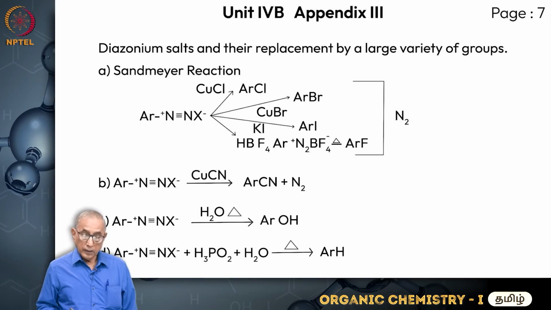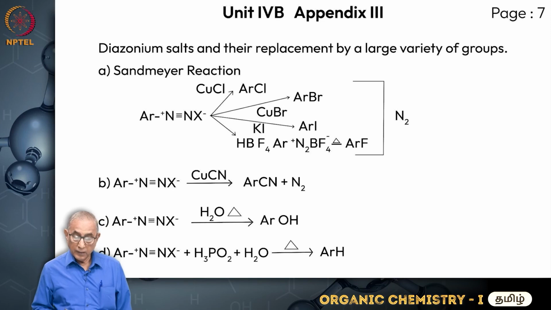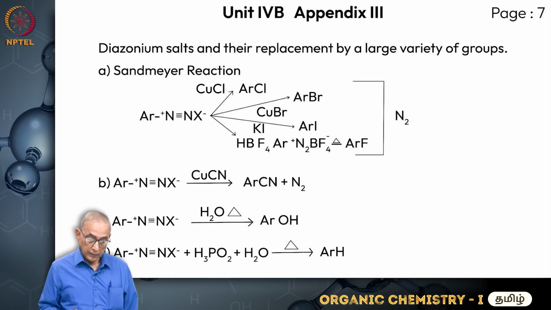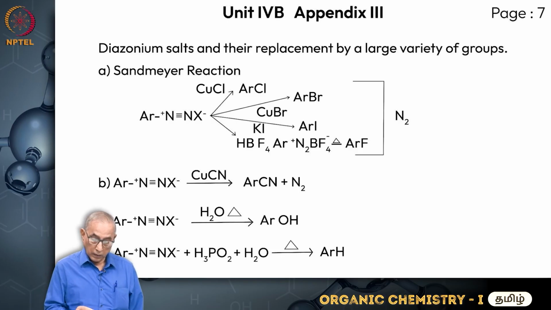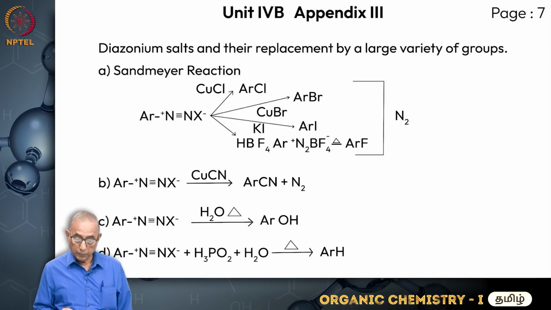Now, in this reaction, aromatic diazonium chloride reacts with cuprous cyanide. Like the cuprous halides, where you have halogens attached, now the cyanide group also gets attached: ArCN plus N2 gas. The diazonium chloride with water and heat gives phenol, ArOH. We have seen this earlier in phenol preparation.